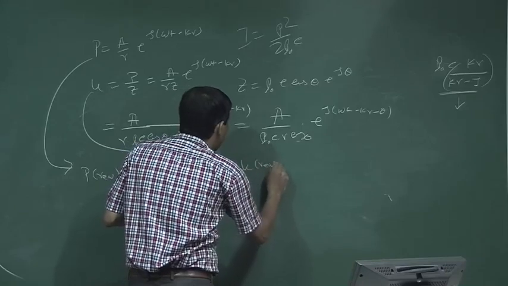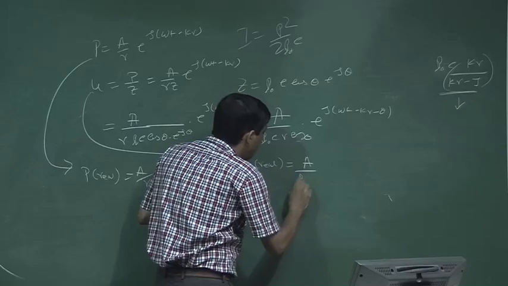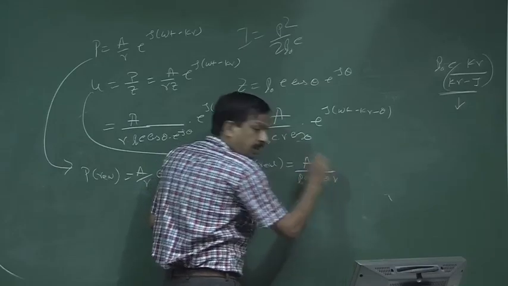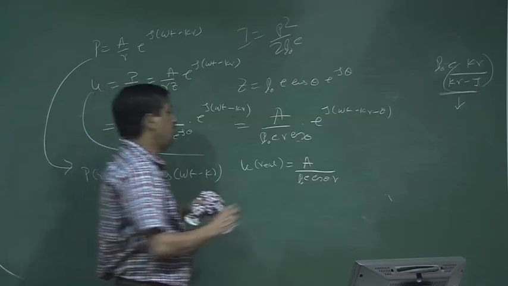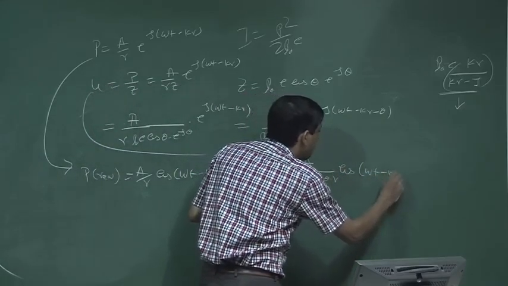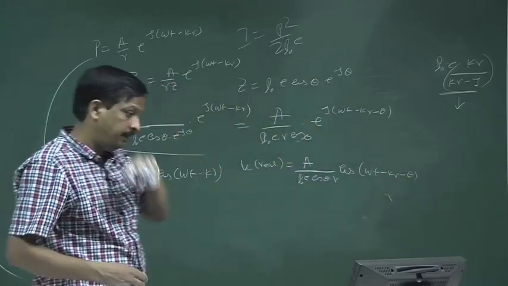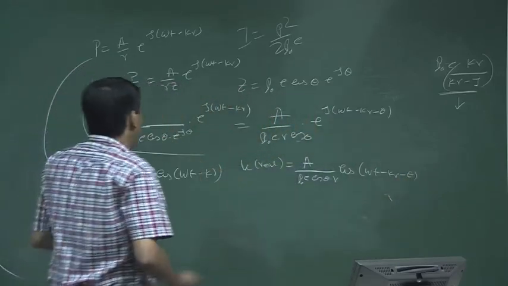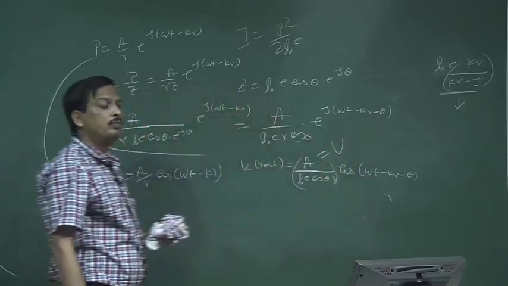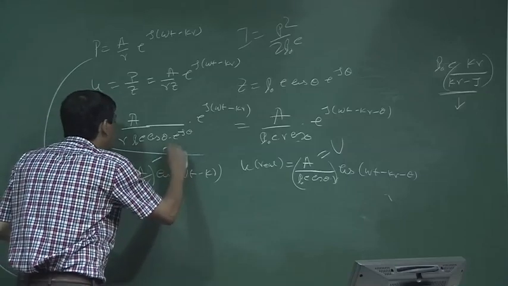The real part is nothing but A by rho 0 c cos theta into r, into cos(omega t minus k r minus theta). Let us call this term capital U and this term capital P.